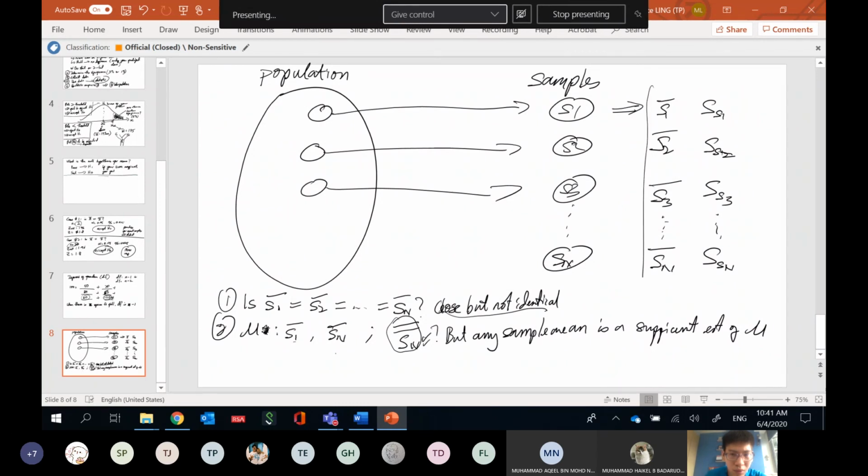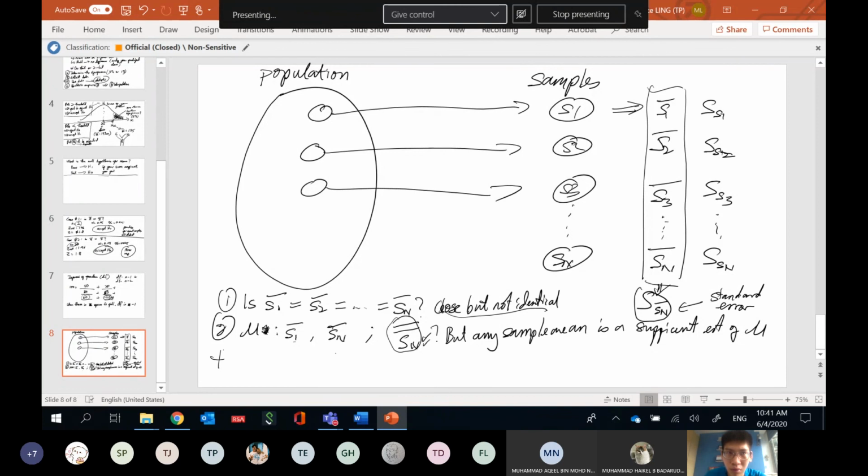We can also take these averages and calculate the standard deviation of the averages. Make sense? You can calculate the standard deviation of the averages. This standard deviation of averages is what we call the standard error.